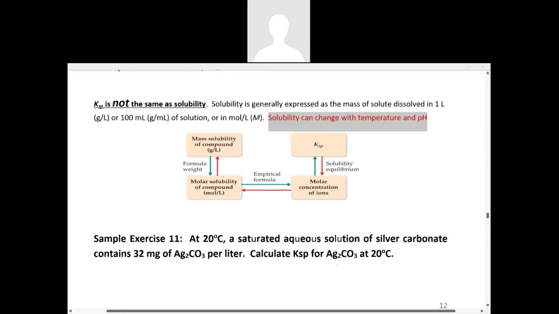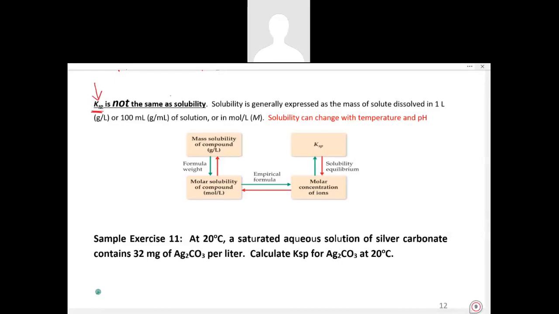So let's take a look at some more aspects of aqueous equilibria that we have not seen yet in this or previous chapters. In the last video, we introduced this concept of the solubility product constant, this Ksp value. It's important to note that this is not the same thing as solubility.